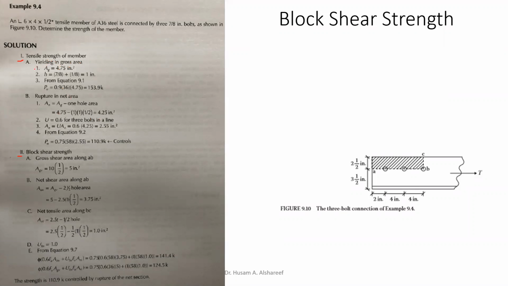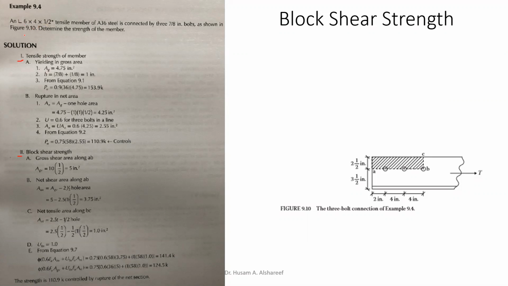So first, to start with, we have to find the gross area, the A sub G. Now, for all these properties, the angle properties, you go to Appendix 6 by the end of the book, and you find all the values. For this example here, we don't have this size of an angle, 6 by 4. This is big. The biggest I think we have in the appendix is 4 by 4, 4 by 3, and so forth with their thickness.